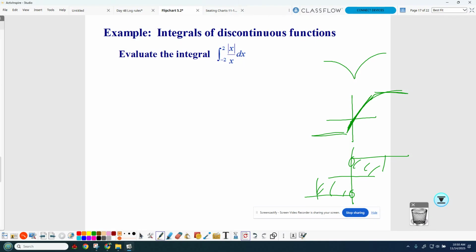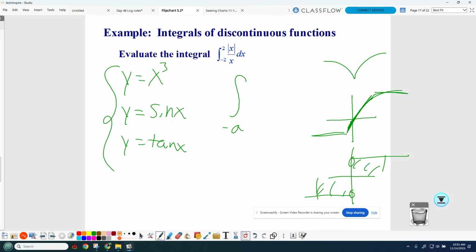Is this function even, odd, or something else? Odd. It spins around the origin. What's another odd function? X cubed. Trig function? Here's a thing. There's a reason we ask you to have some understanding of even and odd.